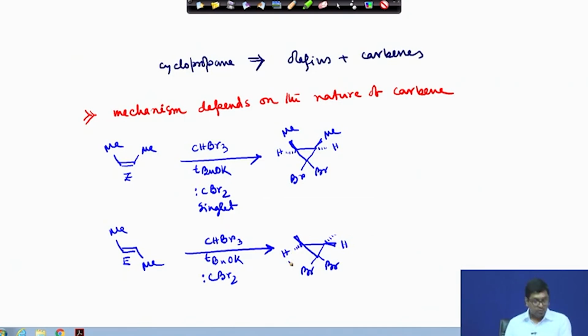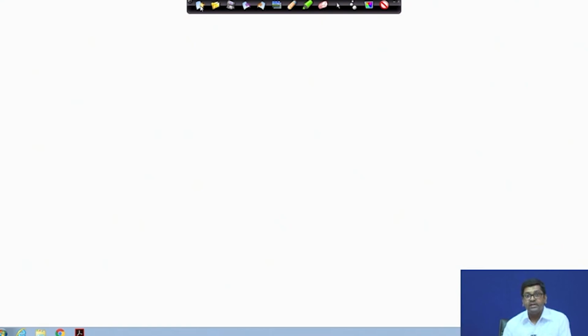Okay. So, in general this gives the cis product, whereas this gives the trans product. Fine. So, this shows that the addition of the singlet carbene towards the olefin will act via a concerted manner. Okay. So, the reactions of these olefins and the singlet carbene will work in a concerted manner.